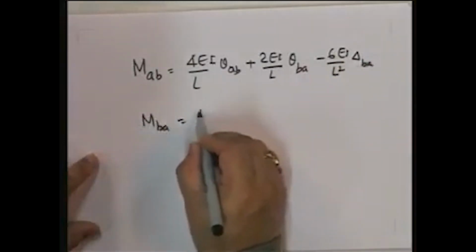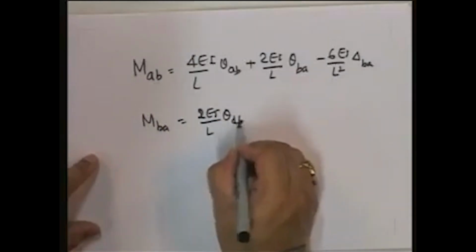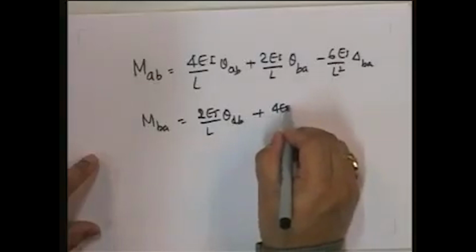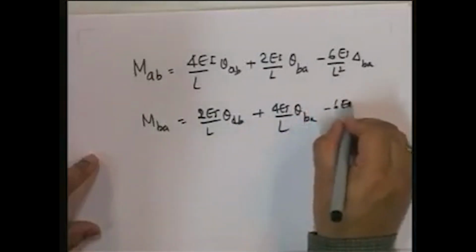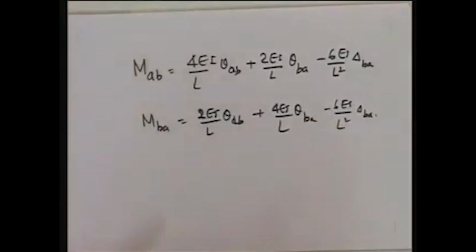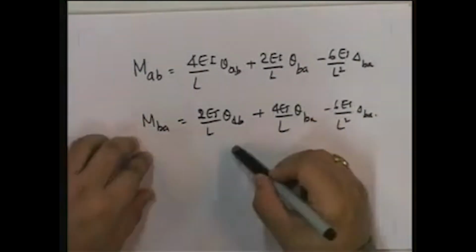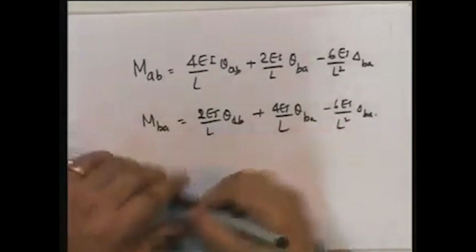MBA is equal to 2EI upon L theta AB plus 4EI upon L theta BA minus 6EI upon L squared delta BA. Okay. We have just developed the slope deflection equations from first principles.